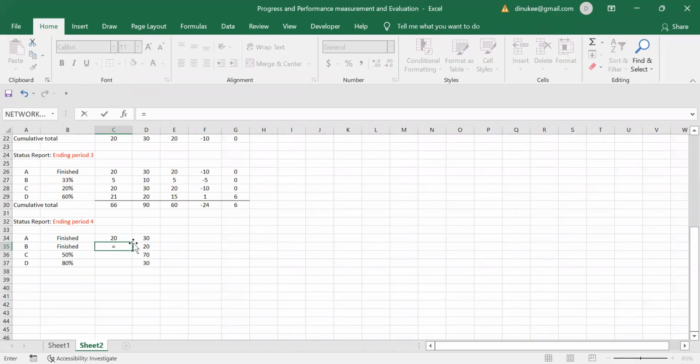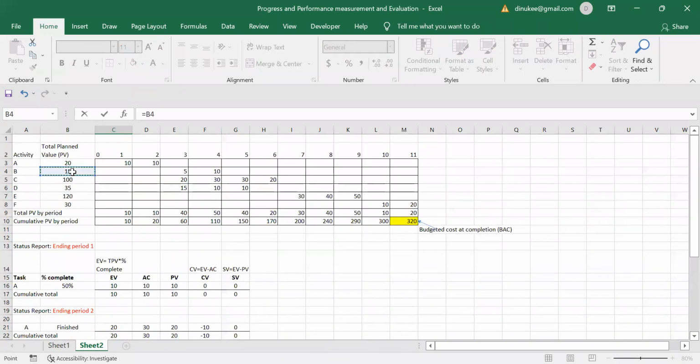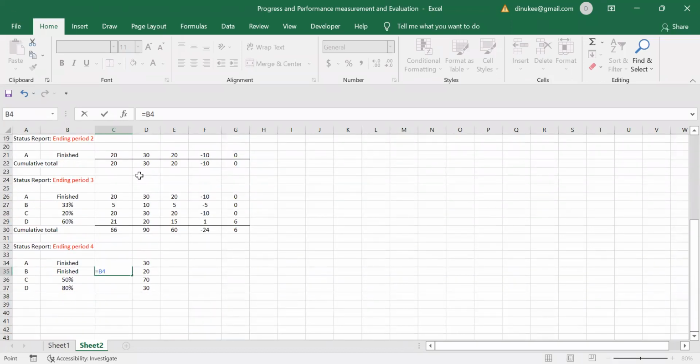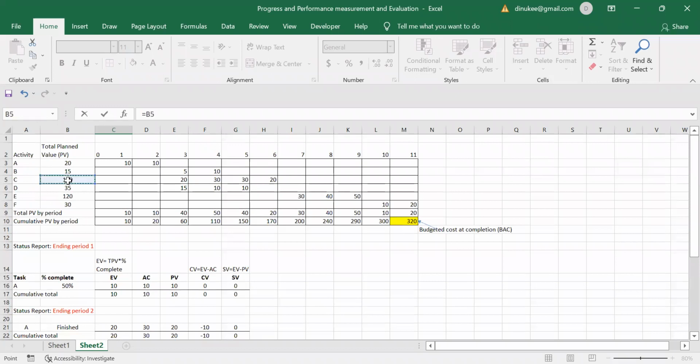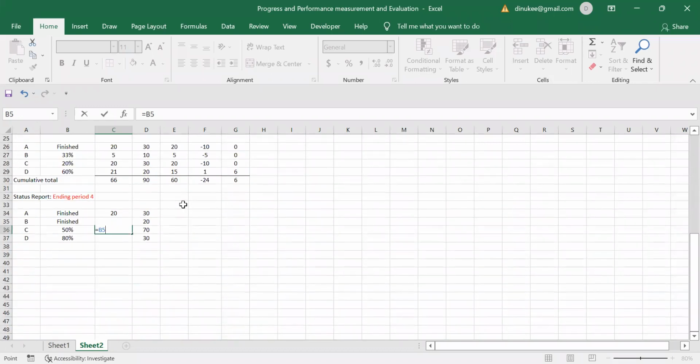So the earned value for the activity B is total plan value multiplied by the 100% completed, that is 50. For the C, you have to take the total plan value. From that total plan value, 50%. So I can directly take it from here now.